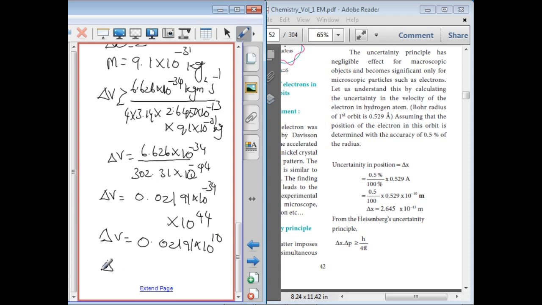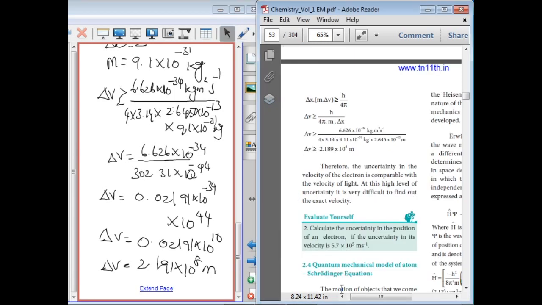So delta v equals 2.191 into 10 power 8 m per second. This is the answer. Therefore, the uncertainty in the velocity of the electron is comparable with the velocity of light. At this high value of uncertainty, it is very difficult to find out the exact velocity.